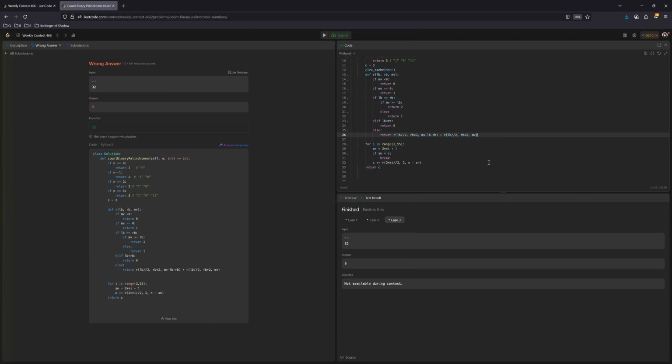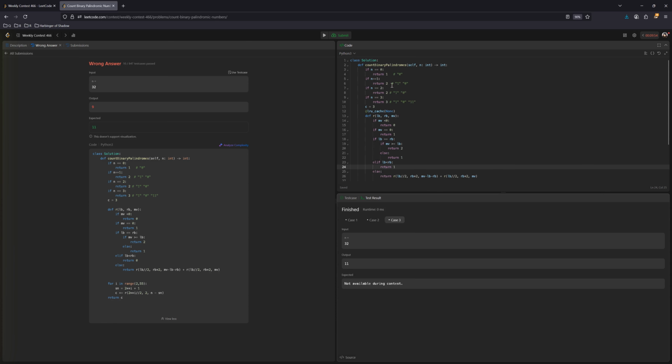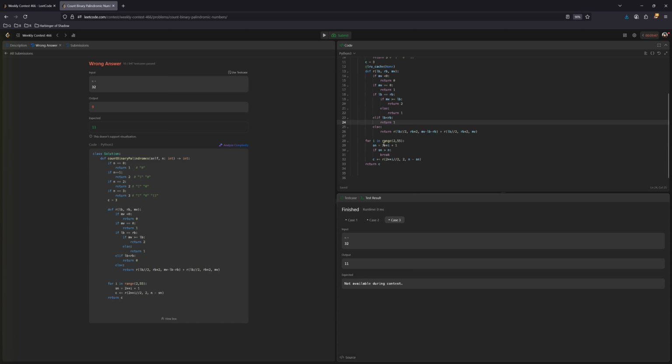Does it cross and are we throwing something away when it crosses? Is that it? That was it. Woohoo!